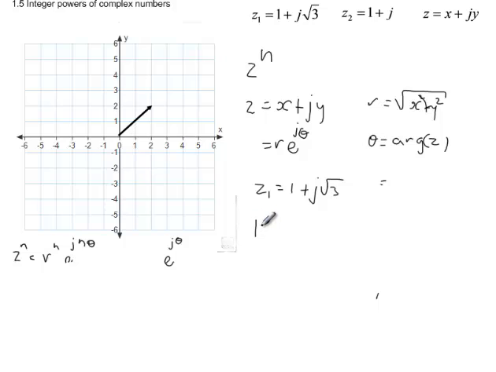So first of all, the absolute value of z1 will be the square root of 1 squared plus square root of 3 all squared. That's going to give us 3 plus 1, that is 4. Then we get the square root of 4, which is equal to 2.